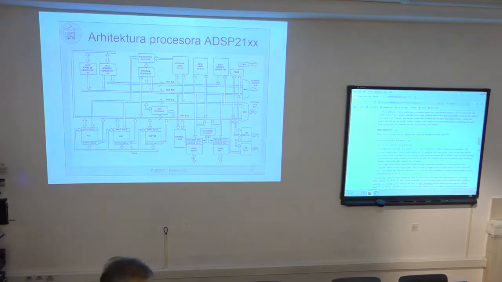So this architecture is usually based on some kind of data register file. So you have a universal set of registers, 8 or 16, which can be used as an input argument or as a result for all of these parallel executional units.